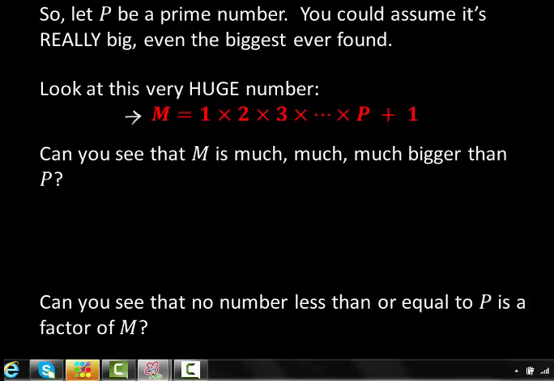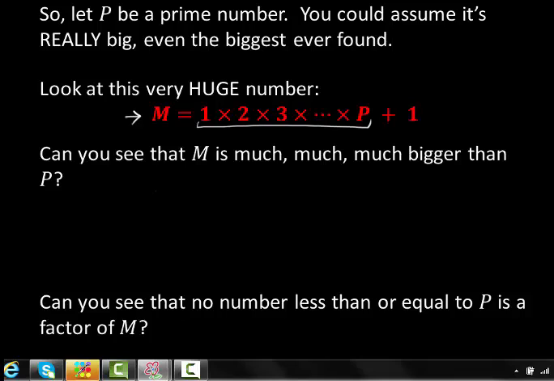So there are two things you have to notice. One is that M is much, much bigger than P. We don't know if M is prime or not prime, but we know that it is much bigger than P and that it has none of these factors.